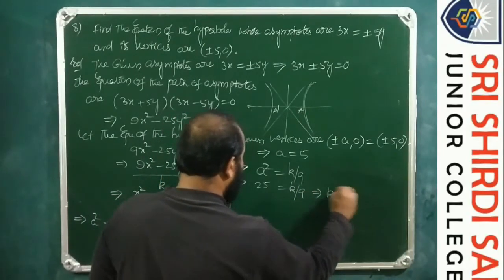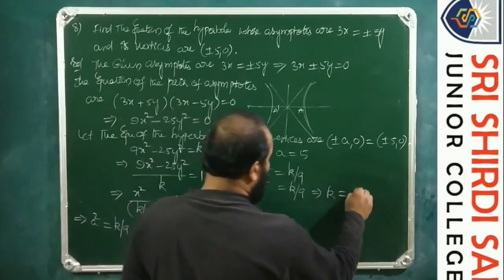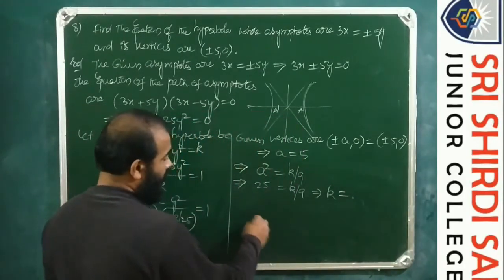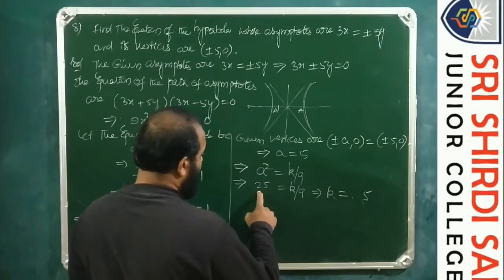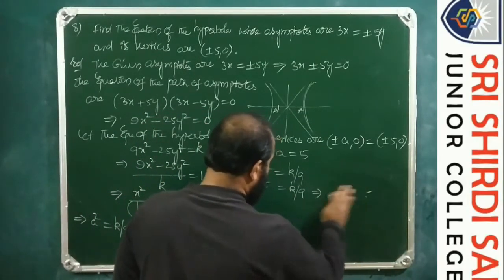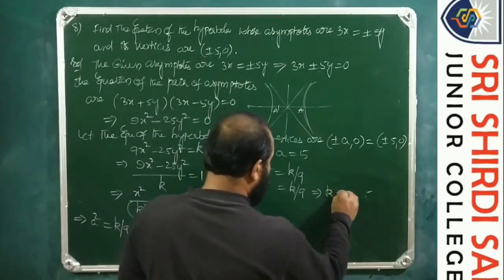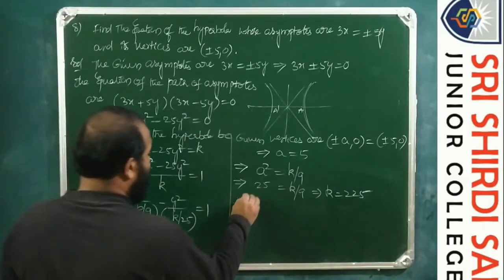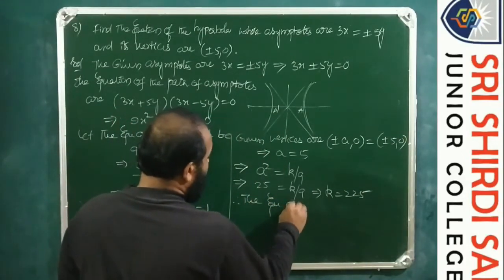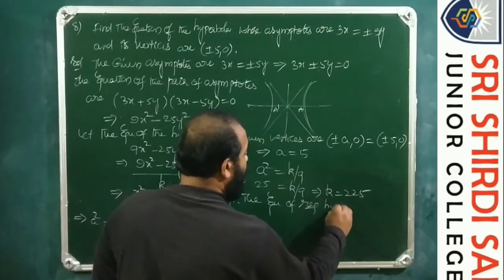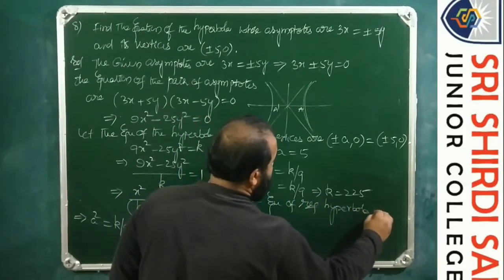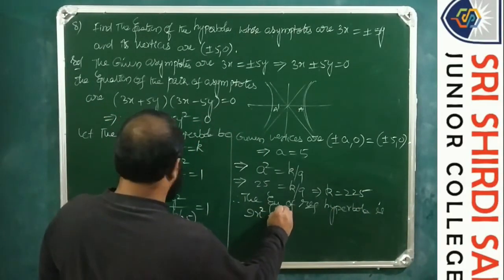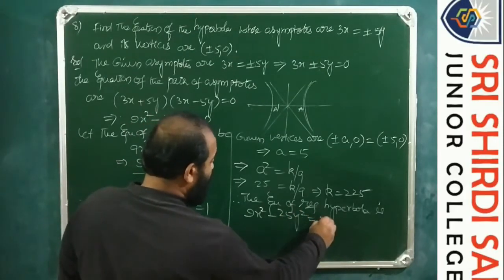So from this, k = 9 into 25, which is 225. Therefore the equation of the required hyperbola is 9x² - 25y² = 225.